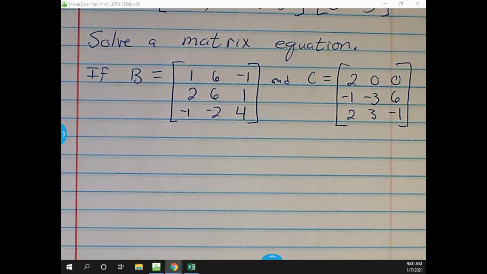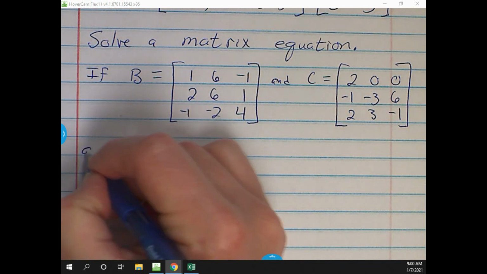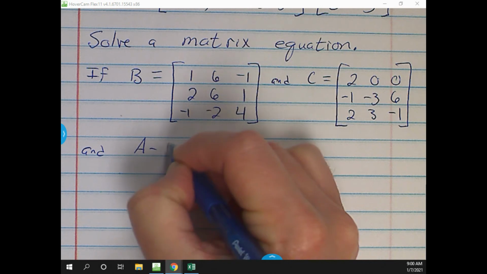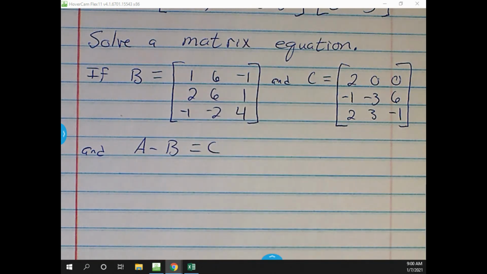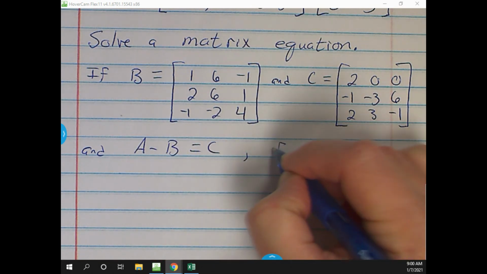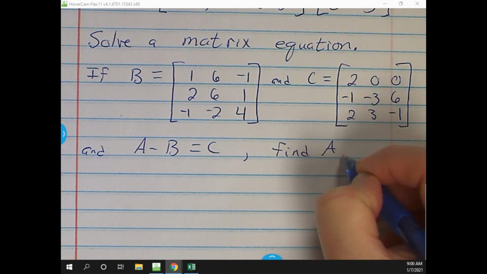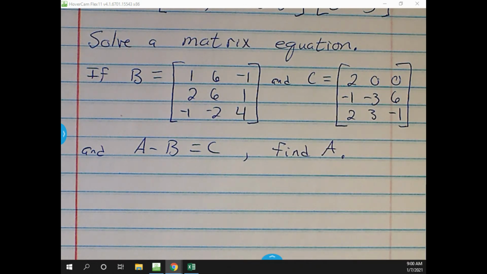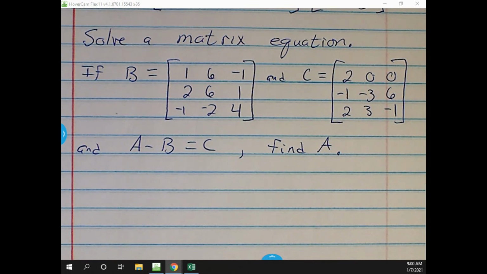And then below that, they'll give you basically a little equation to have you solve. For this part, they may ask you to find that if A minus B is equal to C, then tell me what A is. Well, they may say solve for A. That may be another option they do.